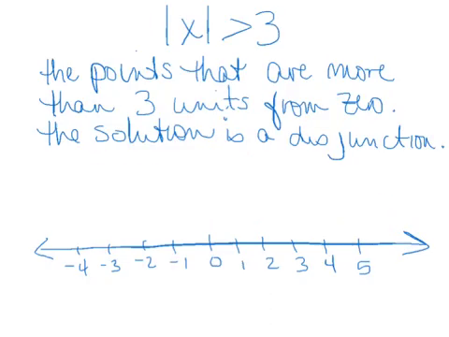Absolute value of x is greater than 3. The solutions are the points that are more than 3 units from 0. The solution is a disjunction. So it's actually this way. This is absolute value of x greater than 3.